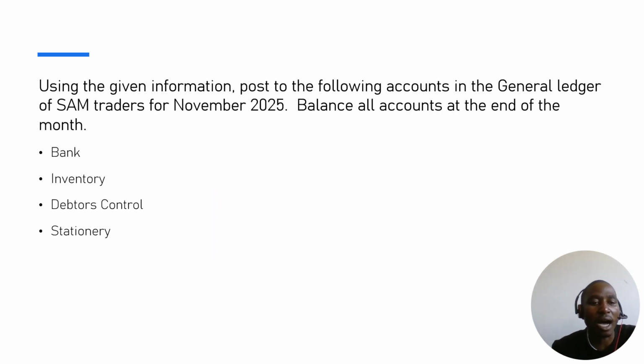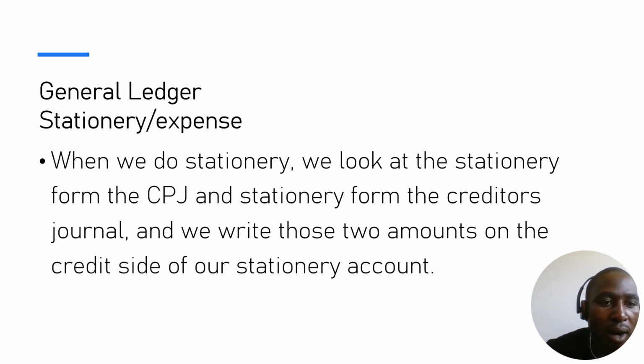We need to do the stationery account, that is an expense. Now we must use the information to do stationery. Now you know what type of account stationery is. It is an expense, and expenses increase on the debit side and decrease on the credit side. Now, how do we do our expense?